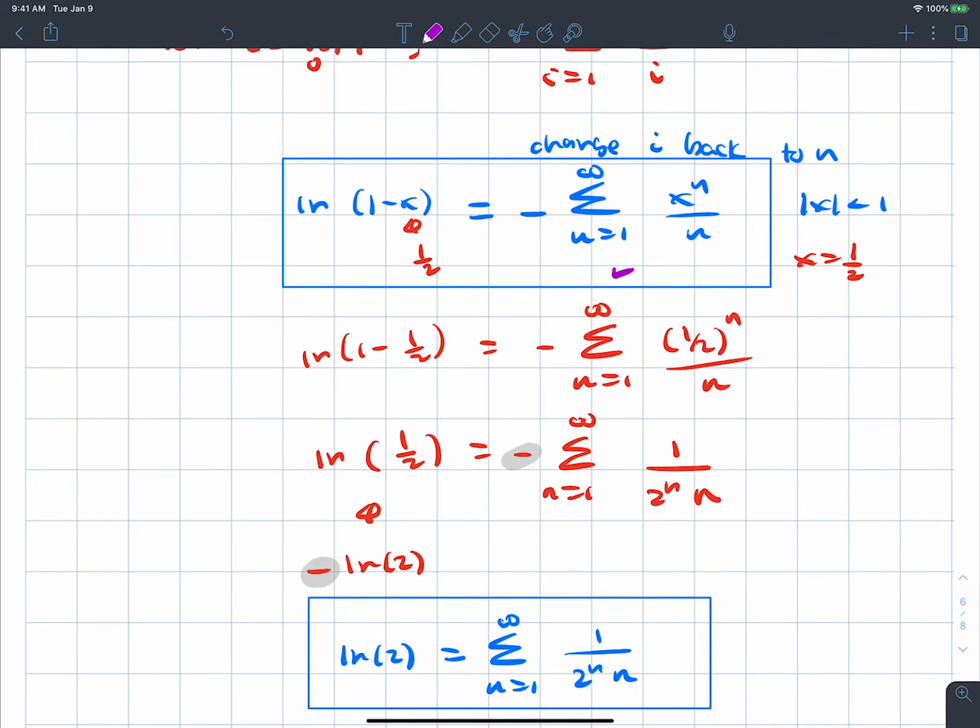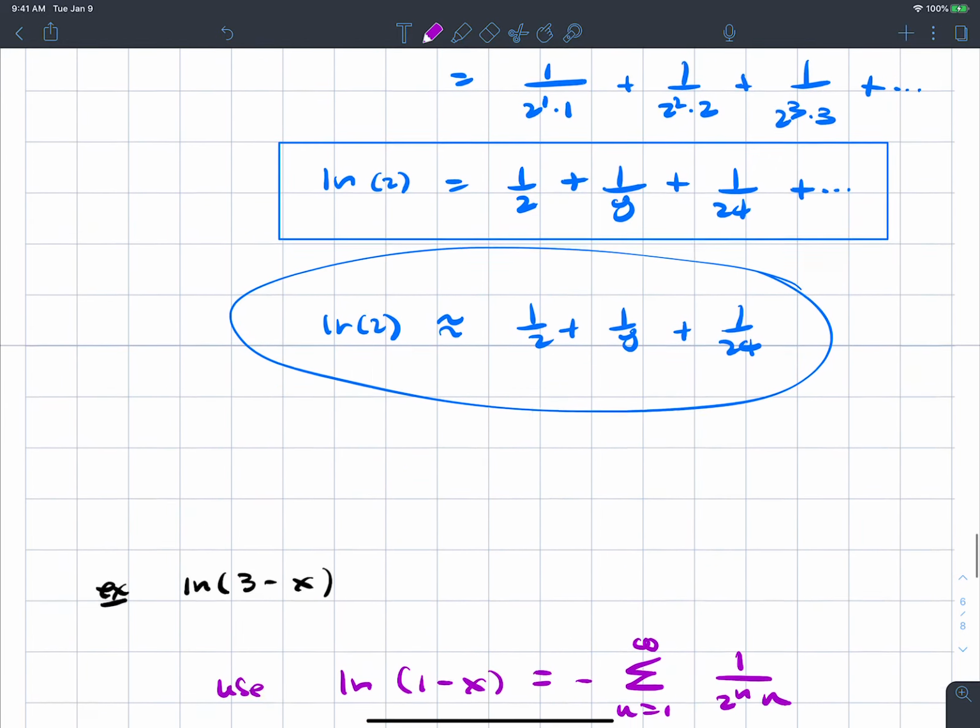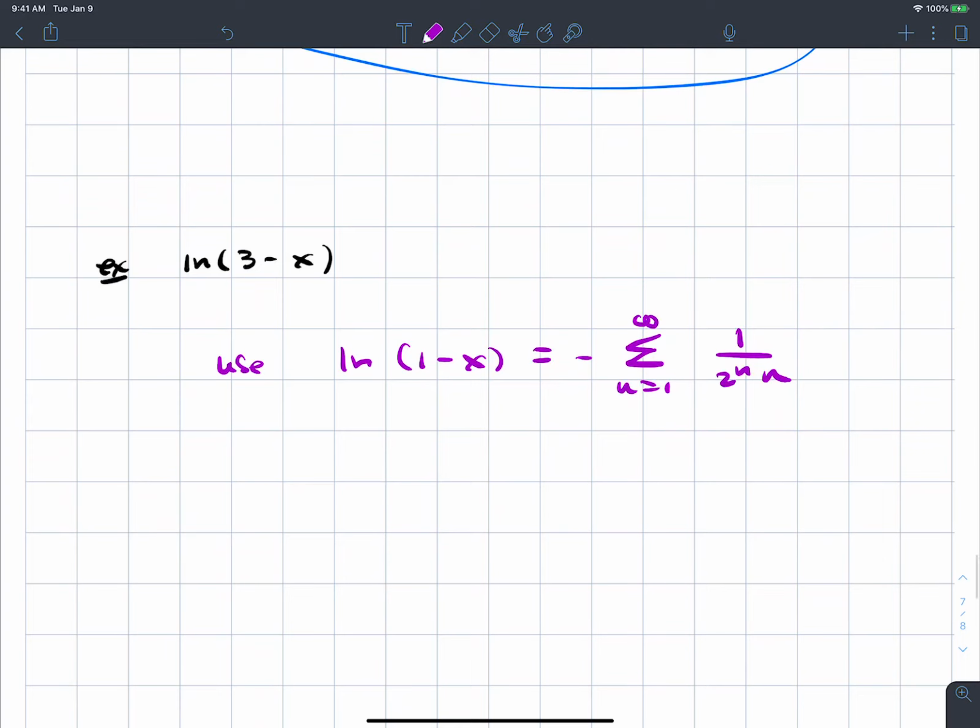Just double checking. No, made a mistake. X to the n over n. There we go. And this is good for the absolute value of x being smaller than 1.